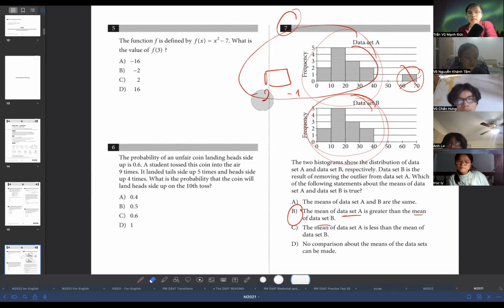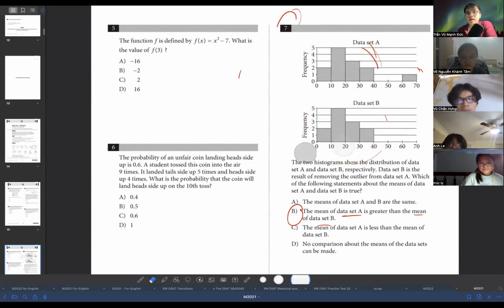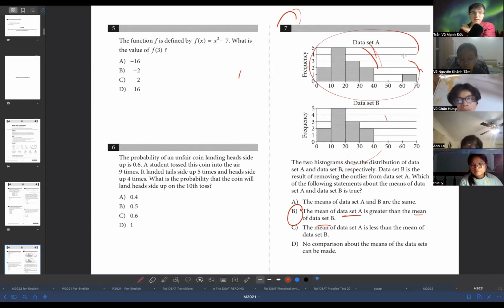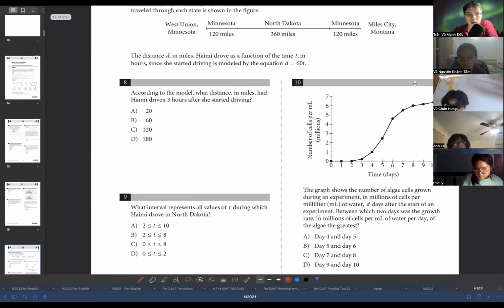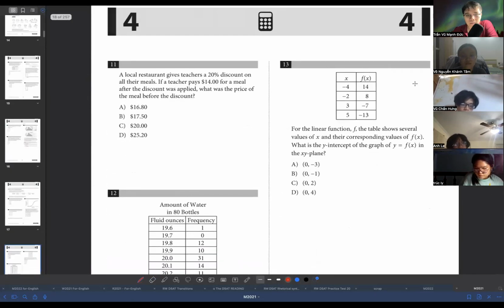But in the original case, the entirety of A is a bit larger than B, because these are quite identical, and A is a bit bigger than B, look at the graph. Right, 7 is quite easy.